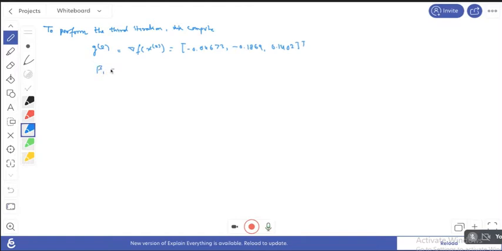Beta 1 is equal to g2 transpose Q d1 divided by d1 transpose Q d1. So this equals 0.07075.